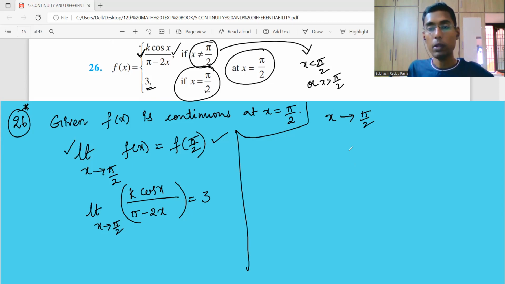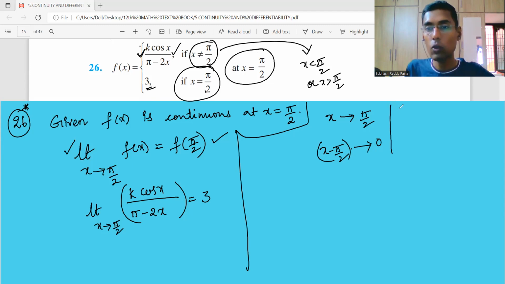As x is tending to pi by 2, x minus pi by 2 tends to 0. As x tends to pi by 2, x minus pi by 2 tends to pi by 2 minus pi by 2. Just substitute the x value, which is pi by 2, so it tends to 0. This much is clear, right?